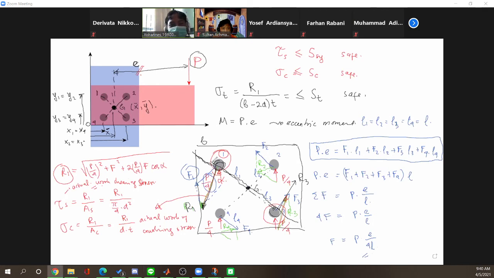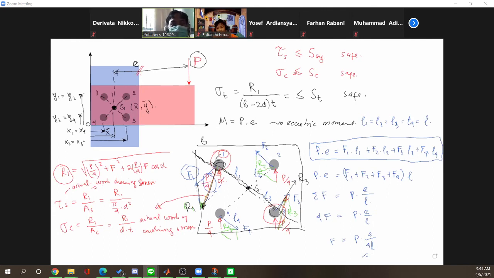But I want to remind you that from the experience, there is no need to calculate this tensile stress, because it always has a higher value compared with the shearing and crushing stress. Okay, so the dominant failure will be shearing on the rivet or crushing on the rivet for the eccentric joint.